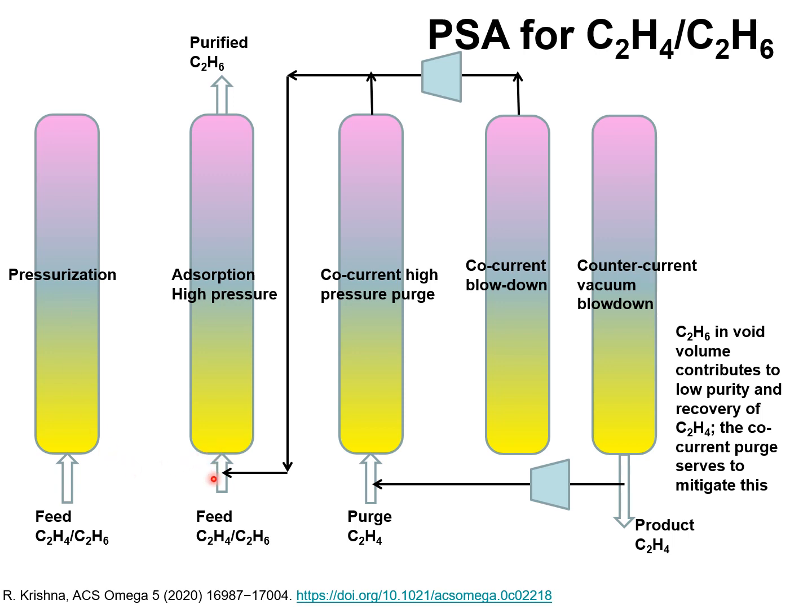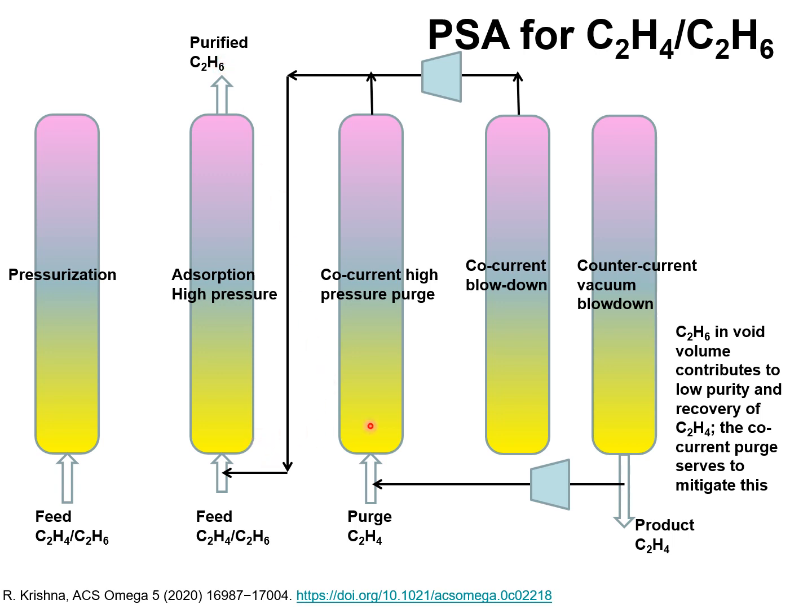Then we have the adsorption cycle, operated typically at higher pressures, in which the feed mixture containing ethene and ethane is fed to the column, and purified ethane is recovered from the top.